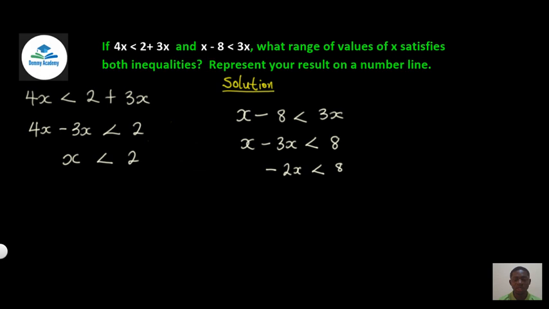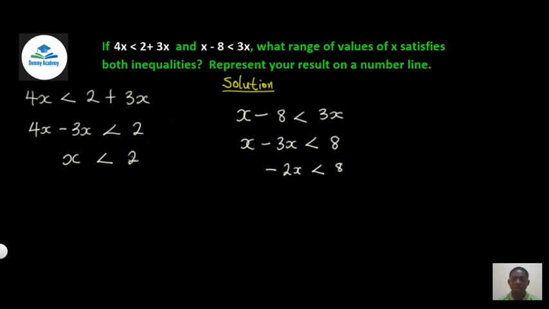Now there is a rule in inequalities. When you multiply or divide through by a negative number in an inequality, the sign will change. That is, when you multiply both sides or divide both sides of an inequality by a negative number, the inequality sign will change.